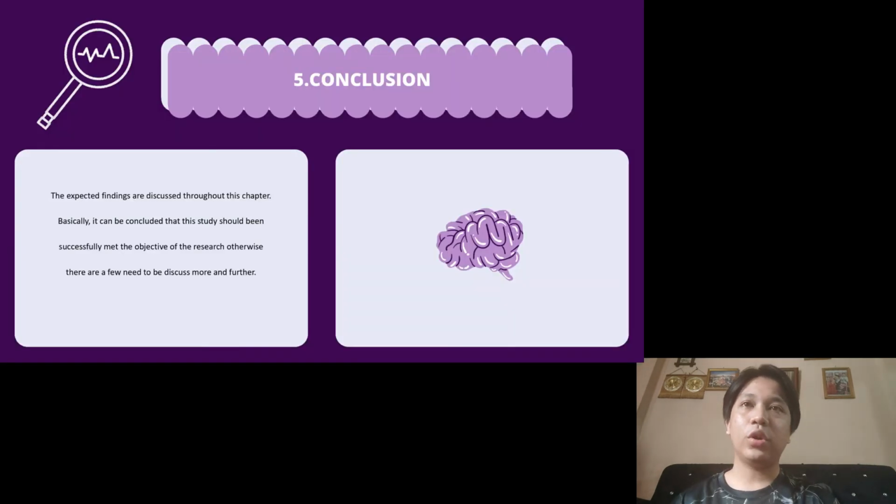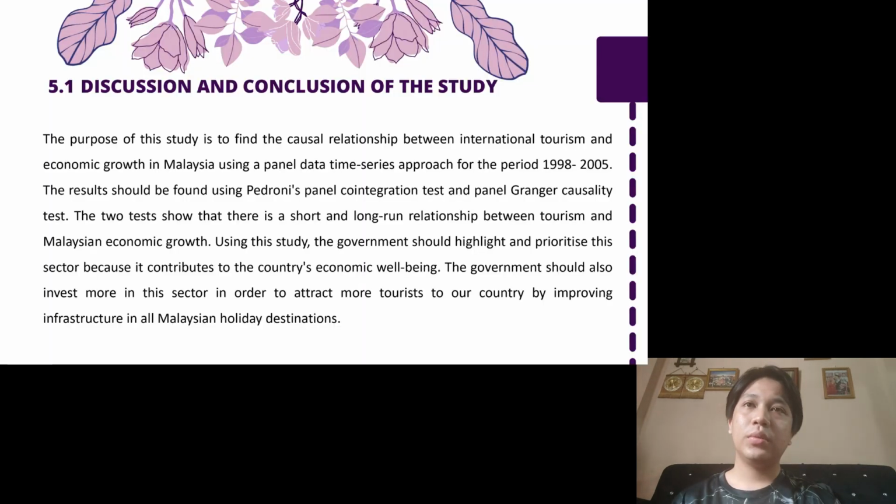Chapter 5. Conclusion. For the discussion and conclusion of the study, the purpose of the study is to find the causal relationship between international tourism and economic growth in Malaysia using a panel data time series approach for the period 1998 to 2005. The result should be found using Pedroni's panel co-integration test and panel Granger causality test.